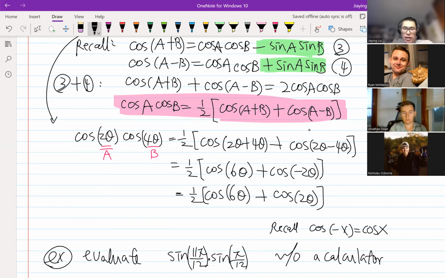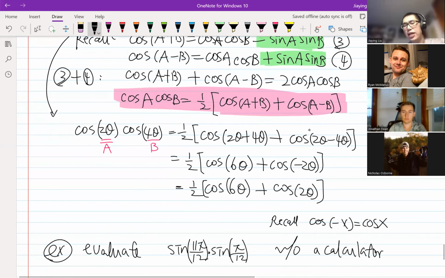If we look at it, you know that 11 pi over 12 is not a nice angle. Same thing with pi over 12, it's not nice, right? So we have a product of two sines of two angles that are not nice. So this is where we have to convert the product of the sines into a sum, and maybe that's going to make it easy.